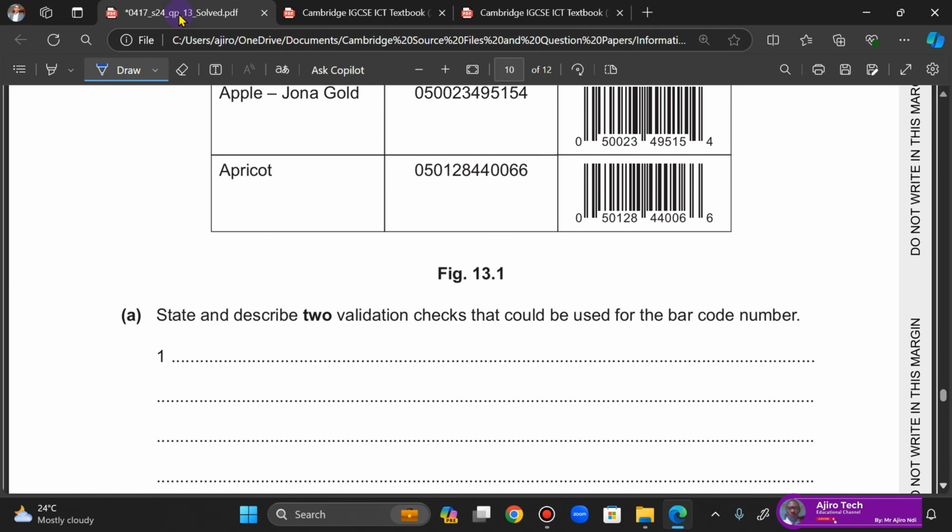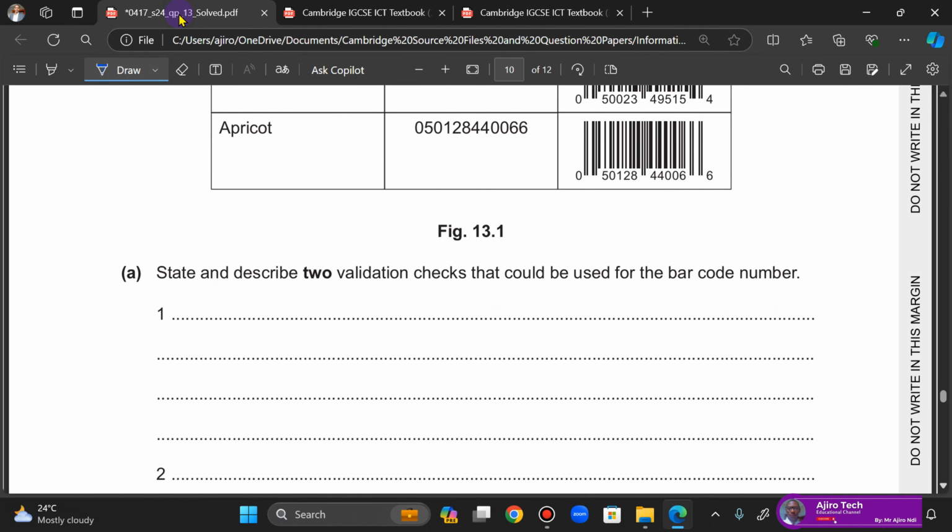State and describe two validation checks that could be used for the barcode. So this is going to be chapter 7, the systems life cycle, and we're looking at the design phase here.